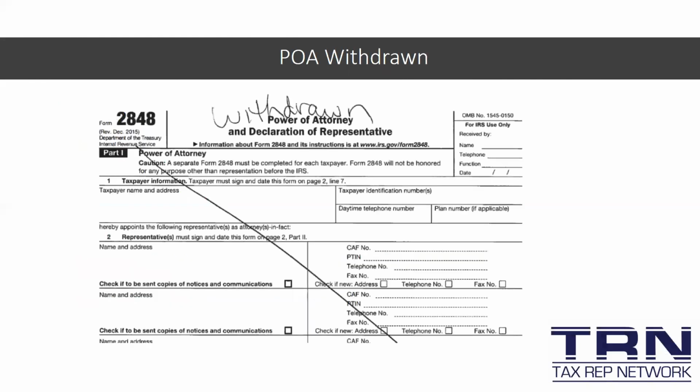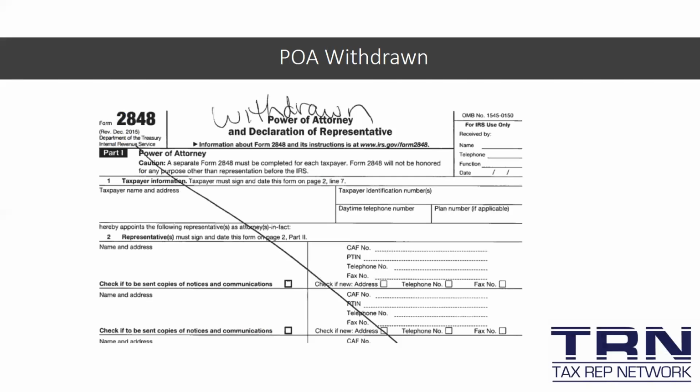The power of attorney, you write withdrawn across the top, you put the line through it. That's it. Now, I'll often fax it to the CAF unit and mail it. Sometimes we do it certified. More and more, I've been noticing they're going out certified, but they don't have to. All right, fax it over to the CAF unit, and then just drop the original in the mail. That should revoke it. Right?